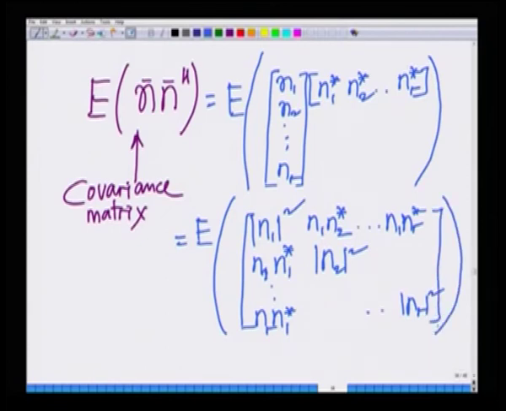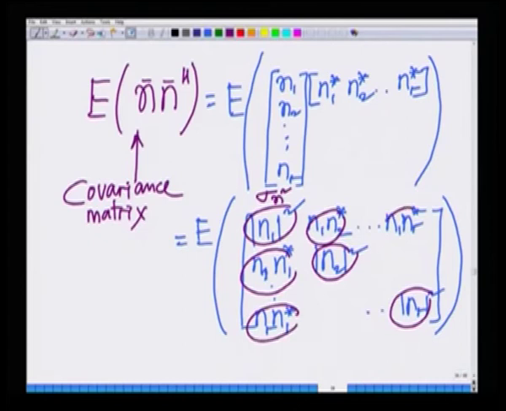Now, what you can observe when you take the expectation operator inside, since expectation is a linear operator, is that each of these components on the diagonal is sigma n square, and each of these cross terms which are off diagonal are essentially 0.